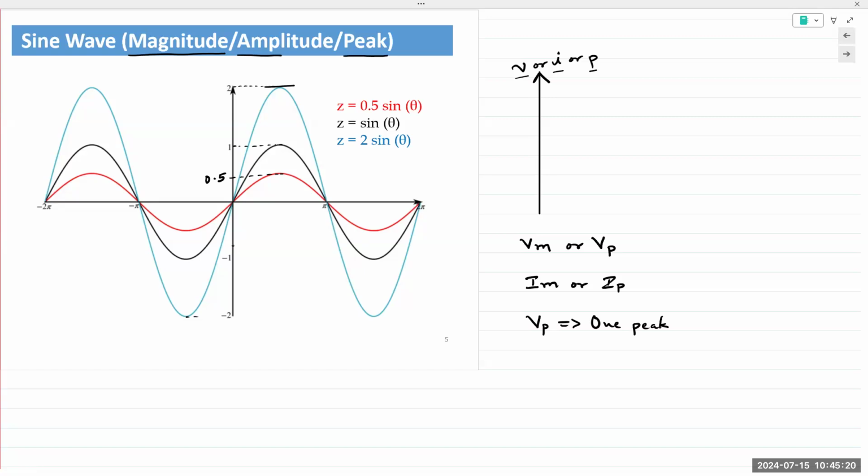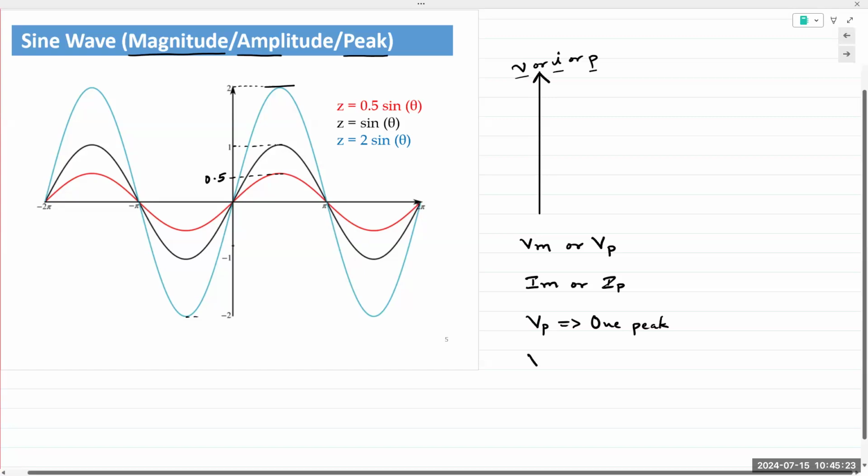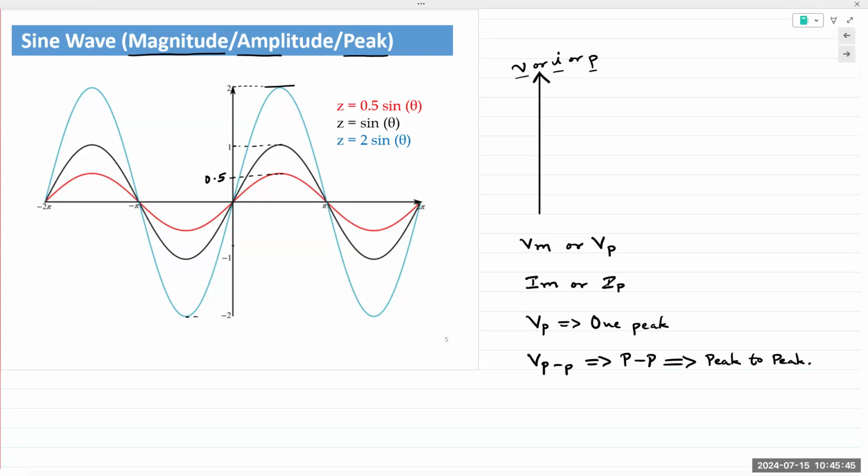So the actual waveform goes from peak to peak, where P-P is describing both peaks. Peak to peak. Does that make sense?